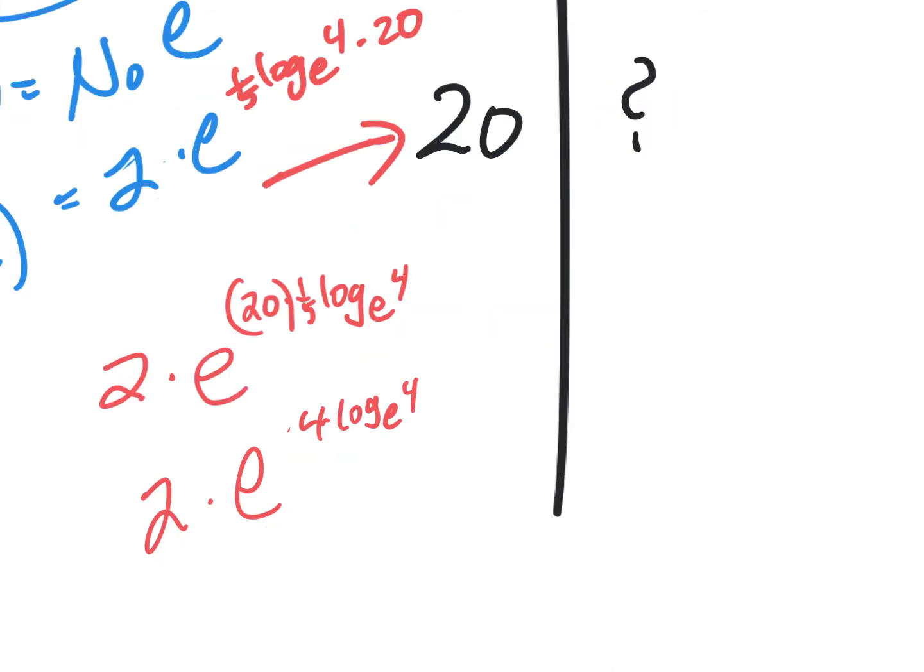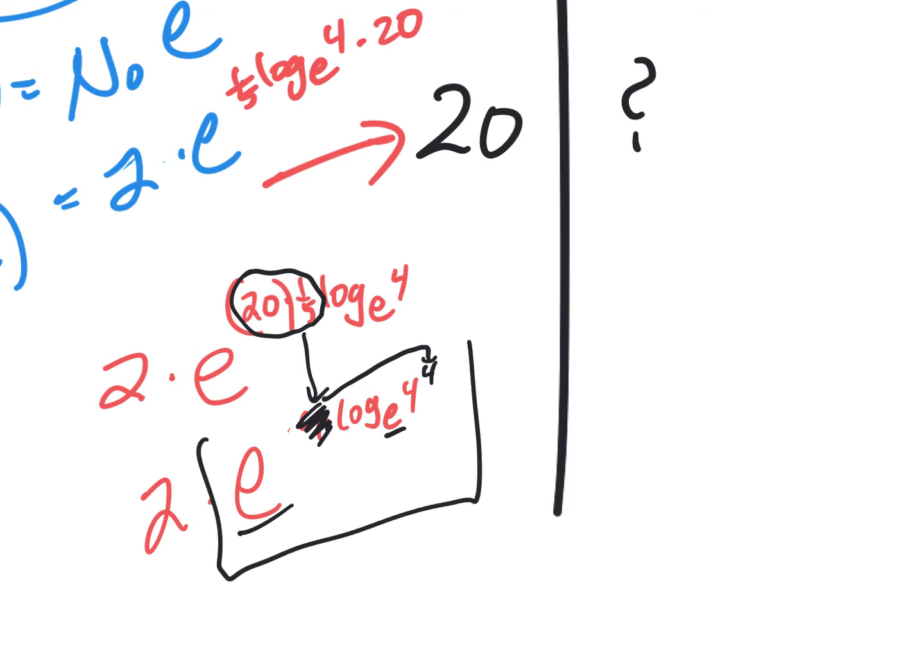So here would be my explanation. This part, 20 divided by the 5 gives you the 4. And then that 4 can go up as a power on this 4. And then the bases are the same. That's why I say don't write it as ln, write it as log base e, because you can see that they both have a base of e.